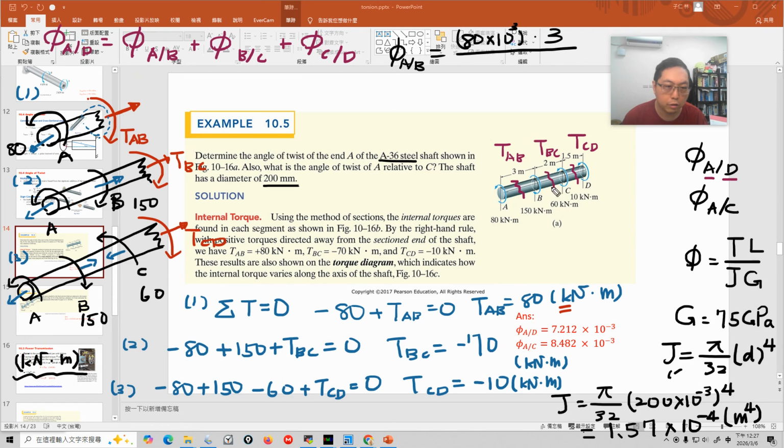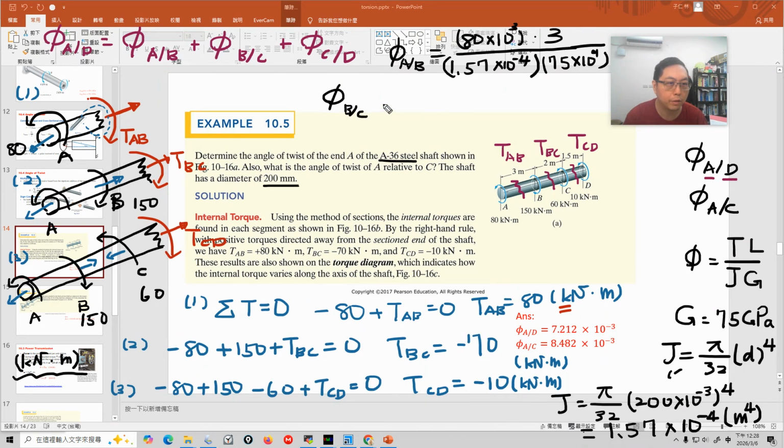Because the cross-section area is the same, J is the polar moment of inertia, 1.57 times 10 to the power minus 4. And G, the shear modulus, is 75 gigapascal, so 10 to the power 9. So I leave the equation here. It's very easy.